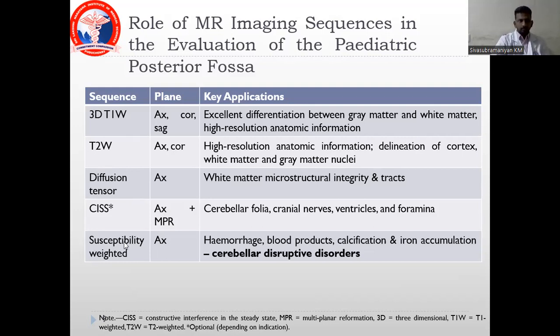CISS, which is a 3D sequence called constructive interference in steady state, is very often used for cranial nerve imaging, and it has also been used extensively in imaging of the cerebellar folia, the ventricle, and the foramen. And then you have the susceptibility weighted axial image that picks up blood and blood products.